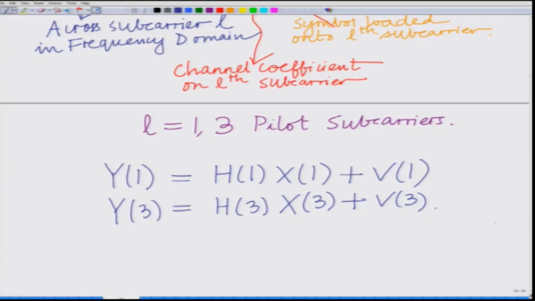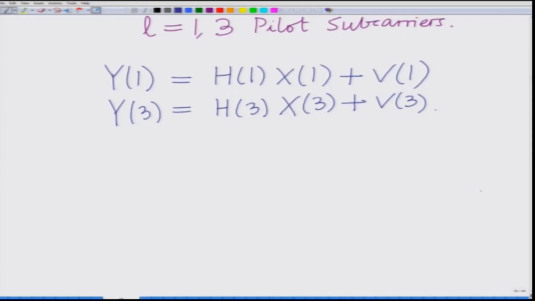Since l equal to 1 and l equal to 3 are the pilot subcarriers, we are extracting the output symbols Y1 and Y3 corresponding to these pilot subcarriers. So, these are the outputs corresponding to the pilot subcarriers. These can be used for channel estimation, right.